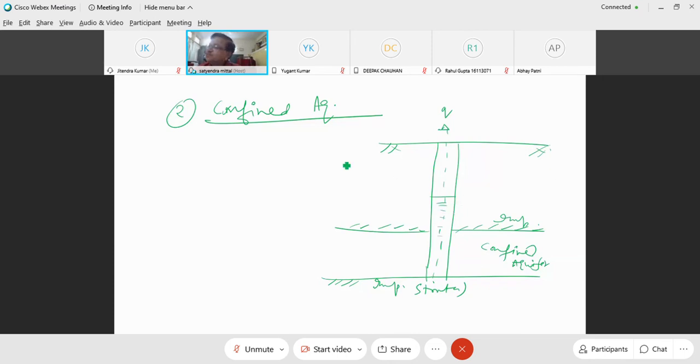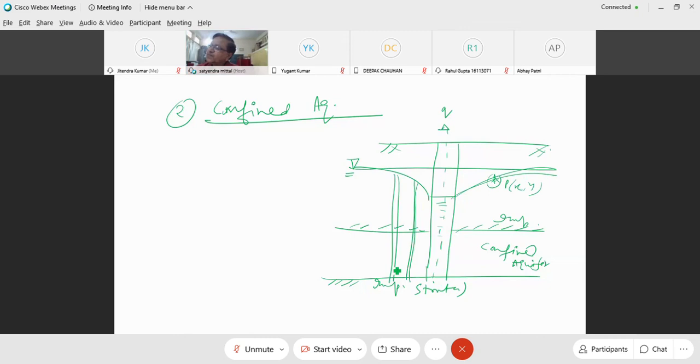This is the initial piezometric surface, same as before. Then this is the cone of depression. And here also you choose any point P with XY coordinates. And same S1, S2, you fit the piezometers.